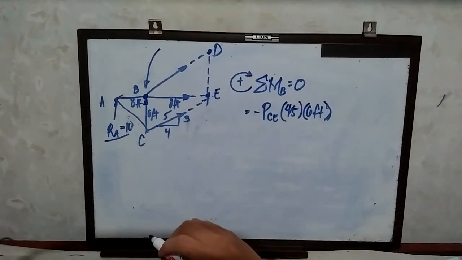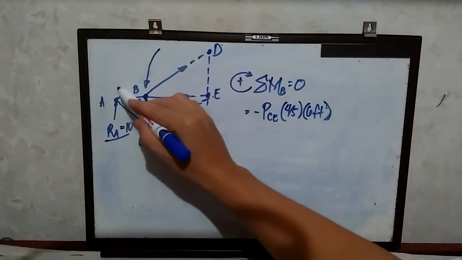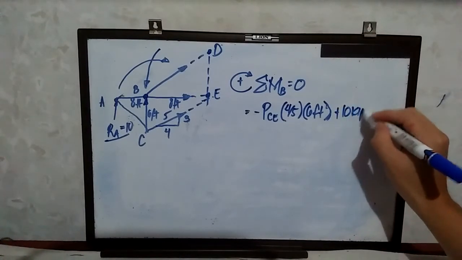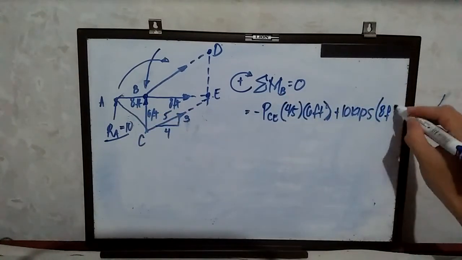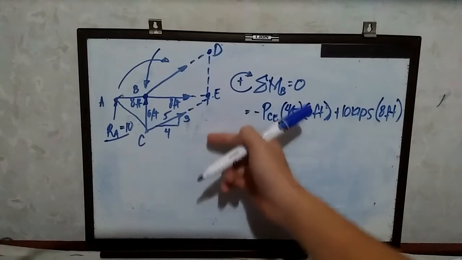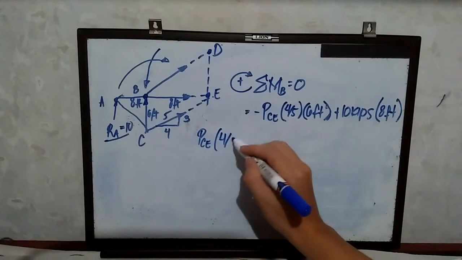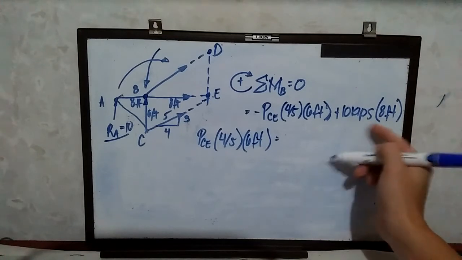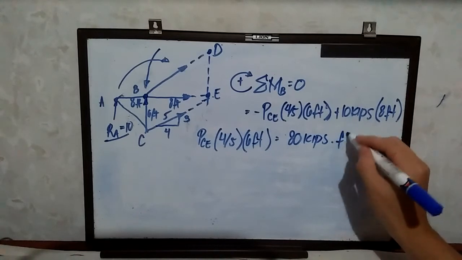And what would be the other force that would tend to rotate the structure? That is R sub A. The rotation is positive because it is rotating clockwise. So plus 10 kips multiplied by the perpendicular distance of 8 feet. Then isolating P sub CE, P sub CE multiplied by 4 over 5, and then the moment arm 6 feet is equal to approximately 80 kip-feet.